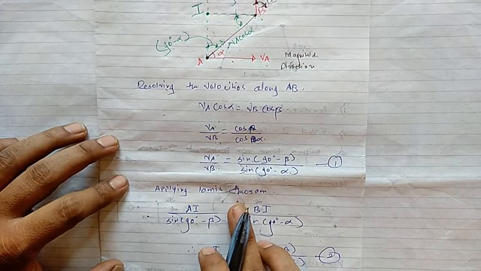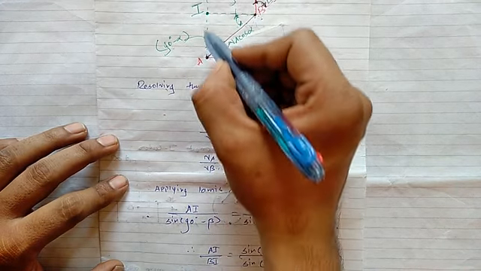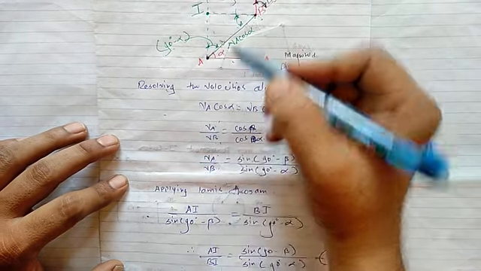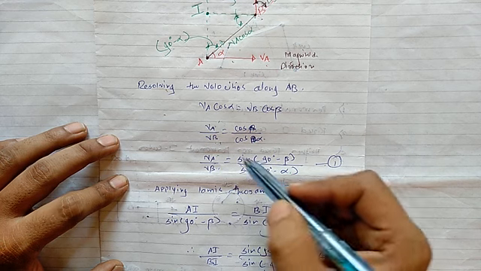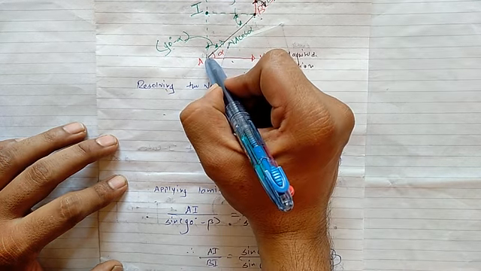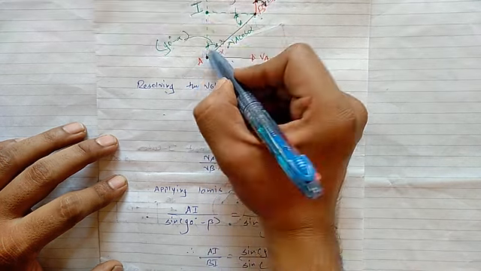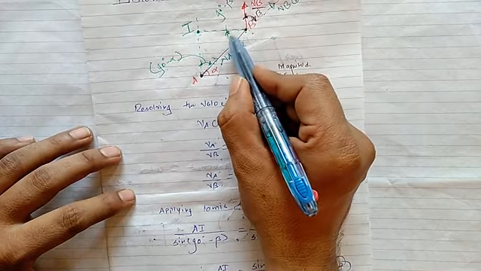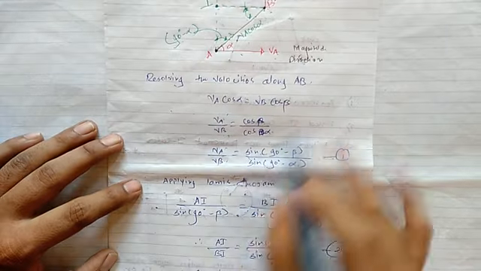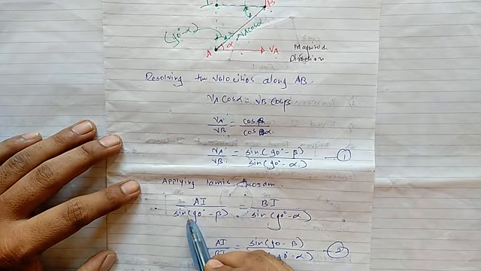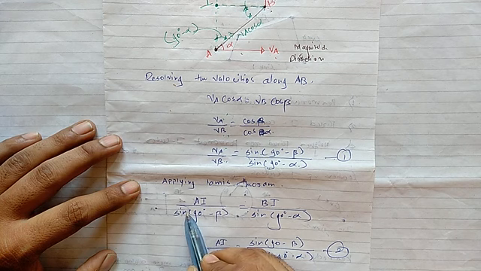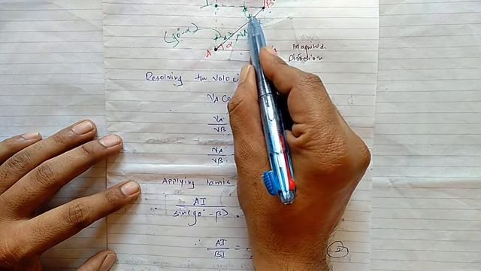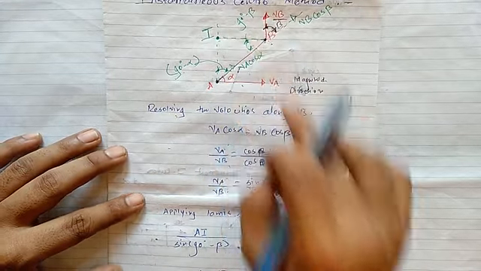So where can we apply Lami's theorem? This is the triangle. Which triangle? ABI. According to Lami's theorem, this is one edge of triangle, AI. So AI upon sine of the opposite angle, this angle, right? According to Lami's theorem, the sine function is there, and this angle is 90 minus beta.